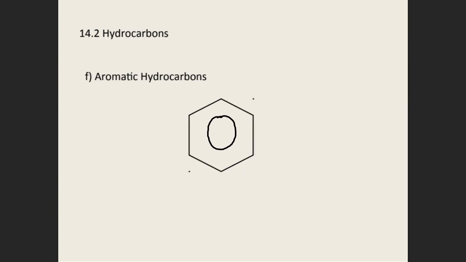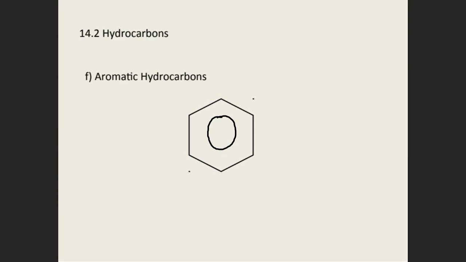This looks kind of funky, but so what's with the circle? Well, apparently those double bonds aren't fixed. They're moving all the time, and the circle is supposed to represent that. Or it's supposed to be easier to draw. I don't know. I will accept both. I will use mostly the circle because your textbook uses it. But I'll occasionally revert to the double bond diagram.